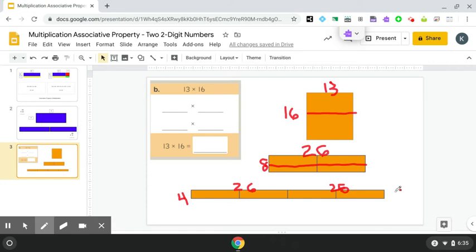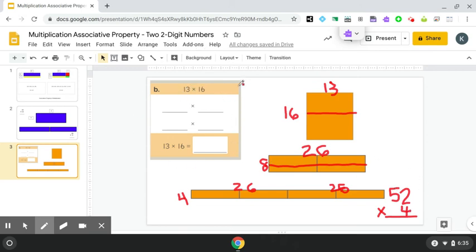So now I have 52 times 4. And that's a little bit easier to do than 13 times 16. I could even halve and double that again if I wanted to.